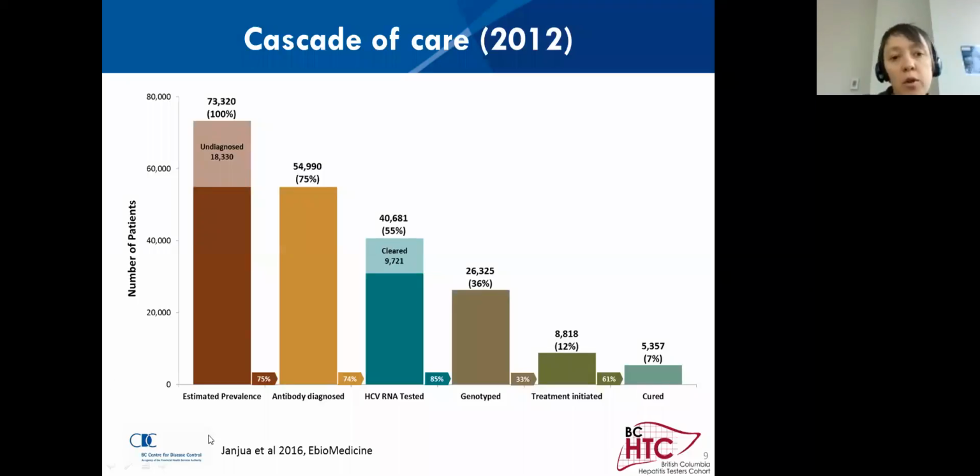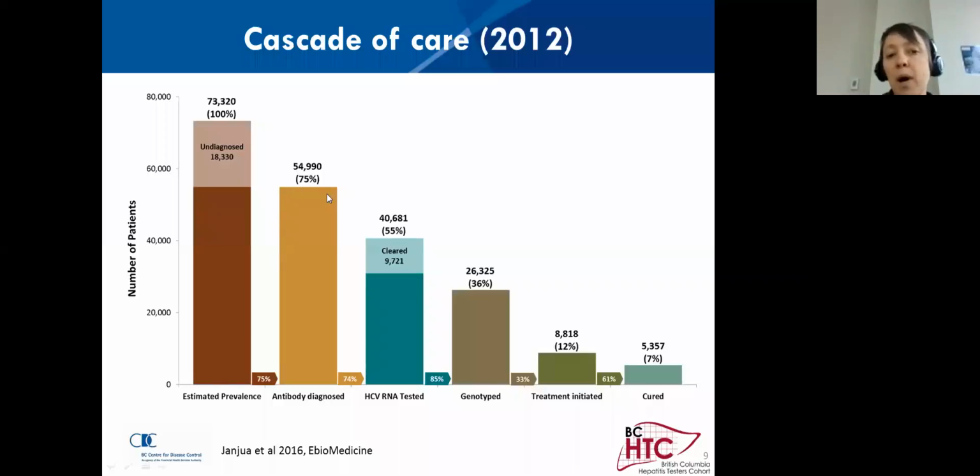So if you look at the second column here, these are the total number of cases in our cohort. Total number of positive cases that were diagnosed between 1992 and 2012. And these all include patients that were still alive in 2012.